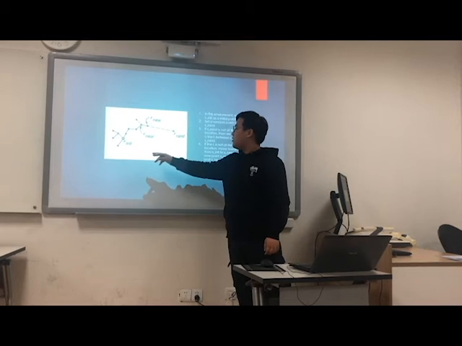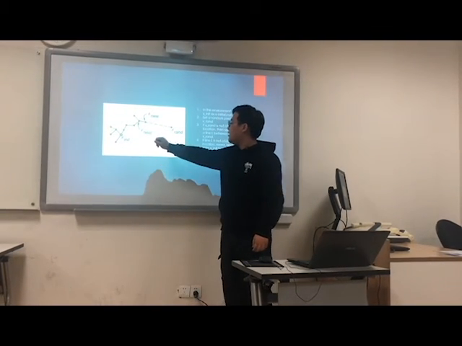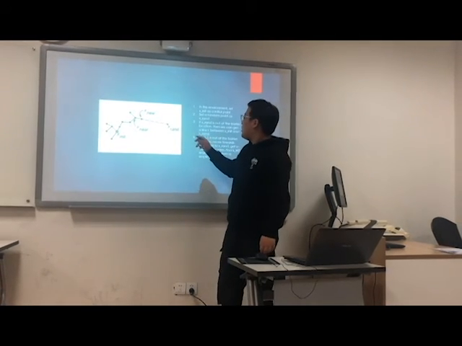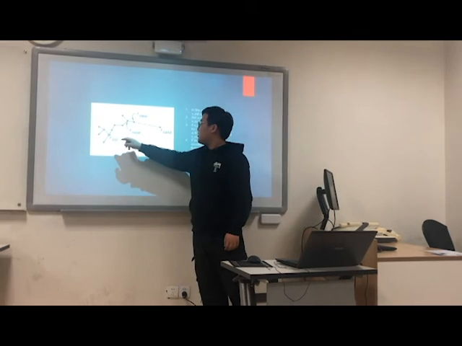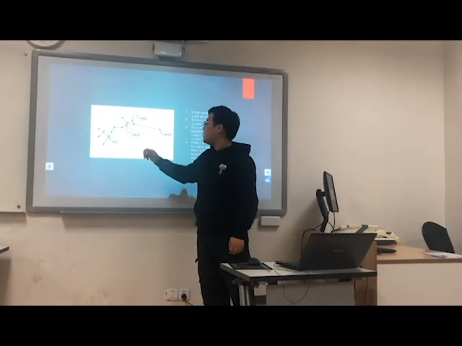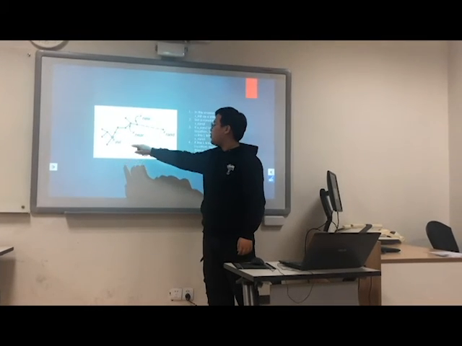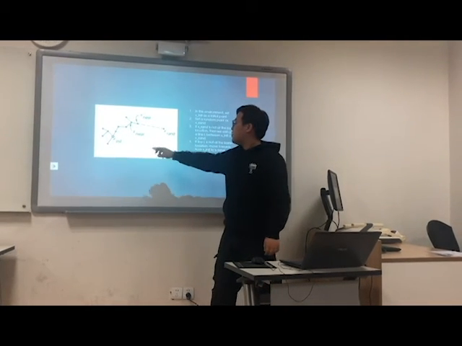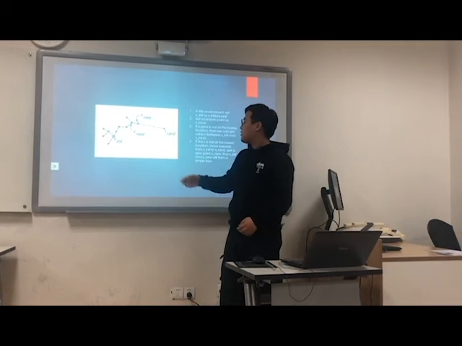We set x initial in this environment, and we set a point randomly near this point, like this one, and we need to find the path between x initial and x random. So this path is the shortest one, connecting these two.